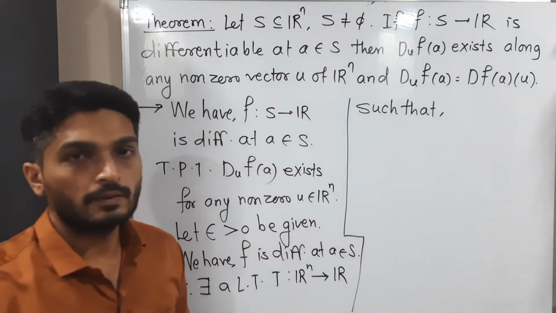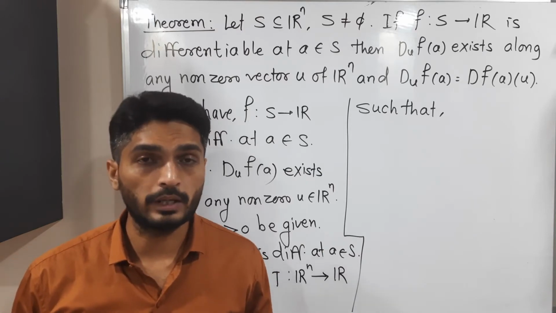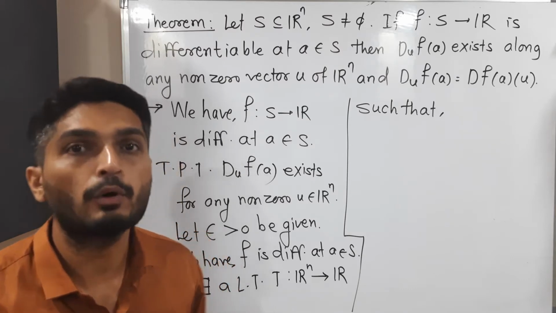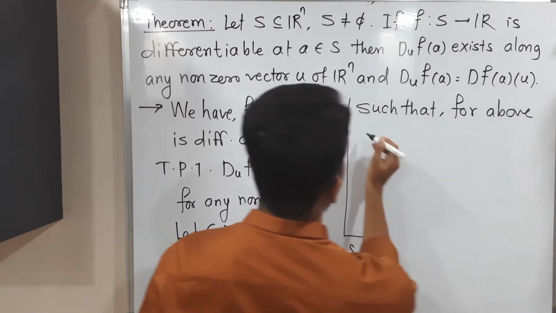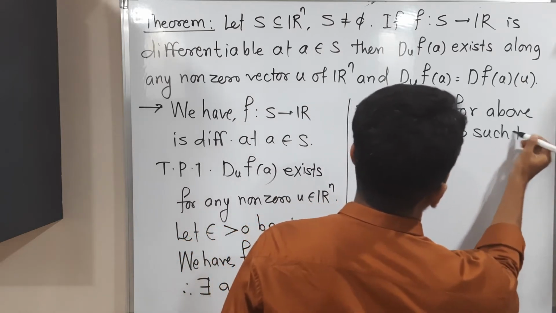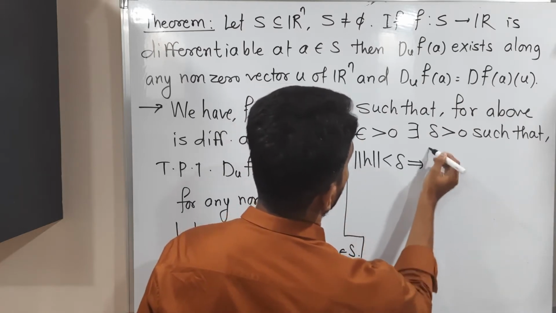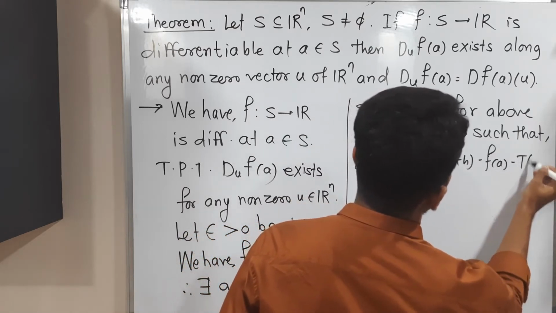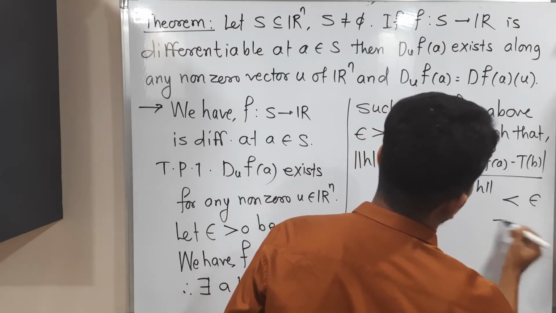the definition says there exists a linear transformation such that for given epsilon greater than 0 there exists delta greater than 0. But instead of saying given epsilon, we have already considered one epsilon, so I will say for the above epsilon greater than 0 there exists delta greater than 0 such that norm h less than delta implies mod f of a plus h minus f of a minus T of h, divided by norm h, less than epsilon.